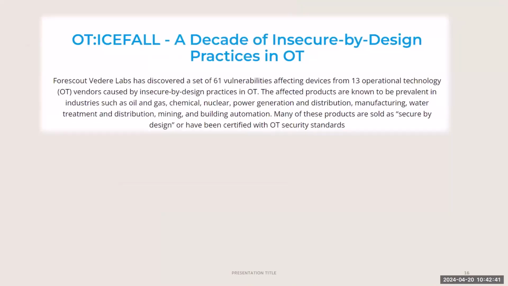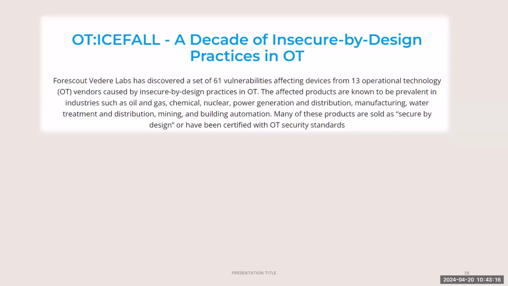Okay. Now, we thought that a lot of companies are already embedding secure practices at the design stage of their systems, infrastructure, etc. But there was one research that was done by Forescout's Vedere Labs, and they discovered 61 vulnerabilities affecting devices from 13 OT vendors, OT, operational technology, caused by insecure by design.